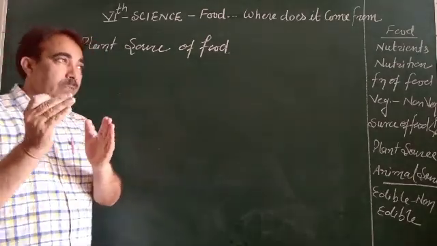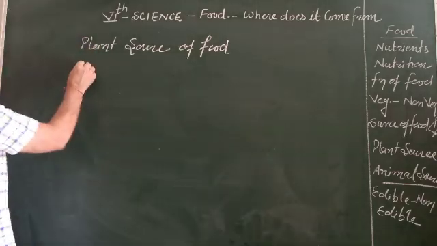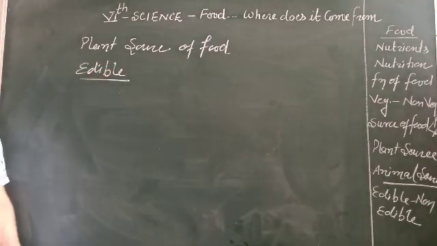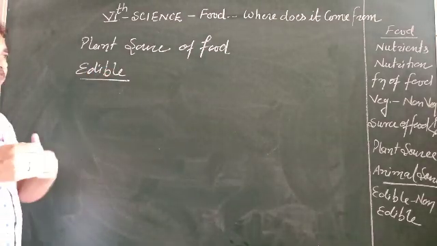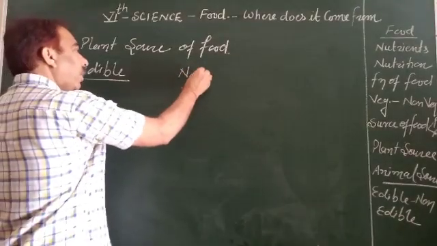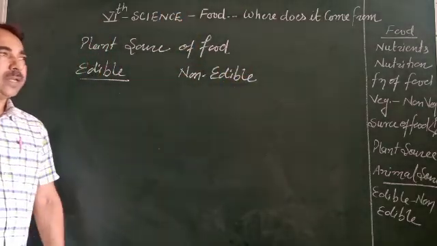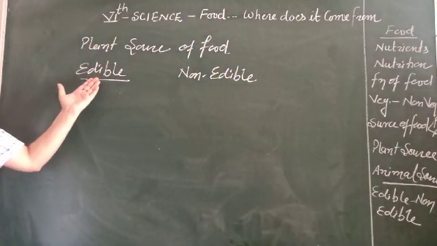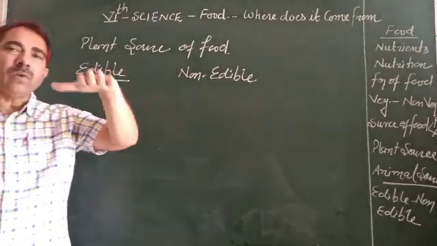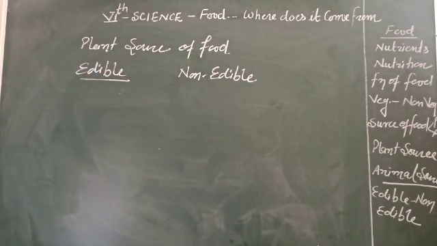The parts which can be eaten are called edible plant parts, and those which cannot be eaten are called non-edible parts. So two types of parts are generally found in plants, edible and non-edible. Okay.